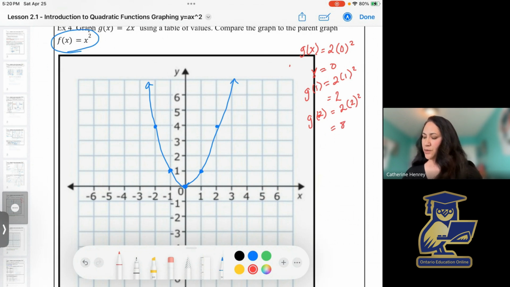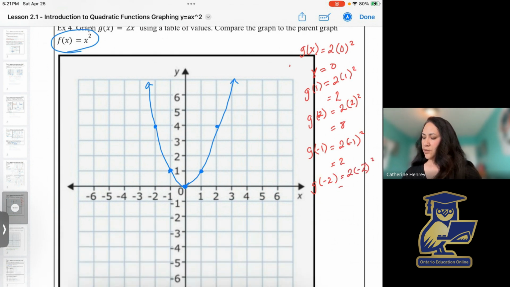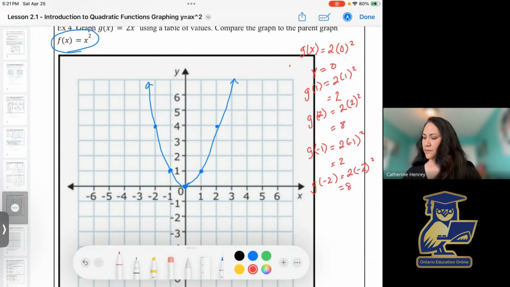And let's go the opposite direction and find g at negative 1. It's going to be 2 times negative 1 squared, which is 2. And g at negative 2 is going to be 2 times negative 2 squared, giving me 8.